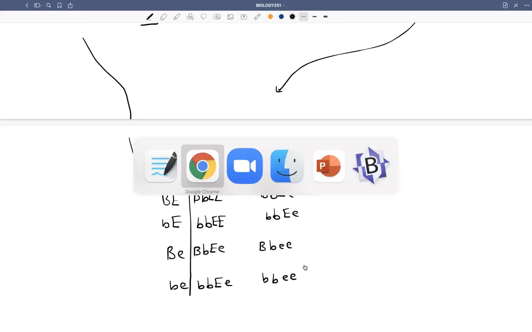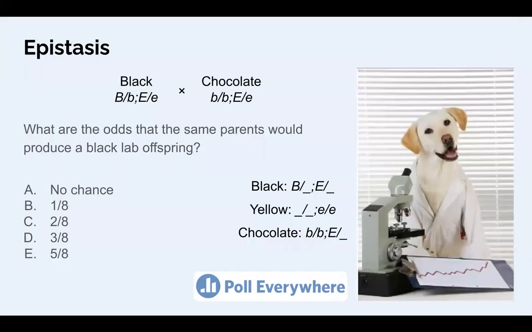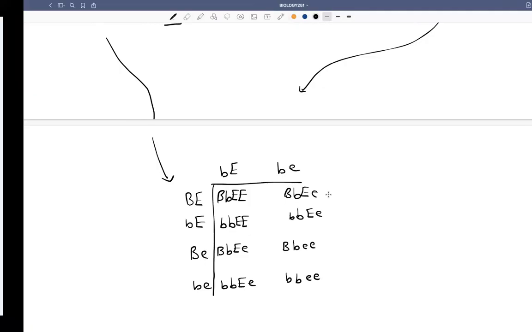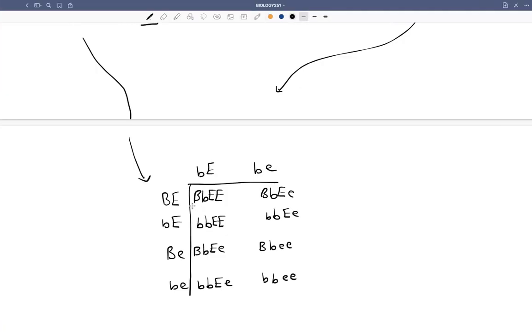Okay, what was the chance of producing a black lab offspring? Black lab genotype possibilities are at least one big B and at least one big E. So that fits it, that fits it, that fits it. So this gives us 3 out of 8 black lab.